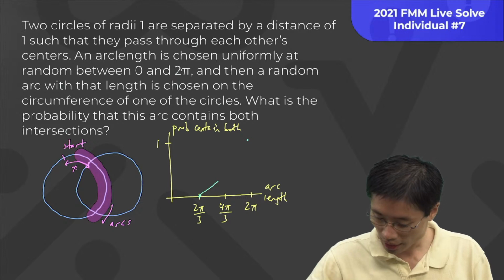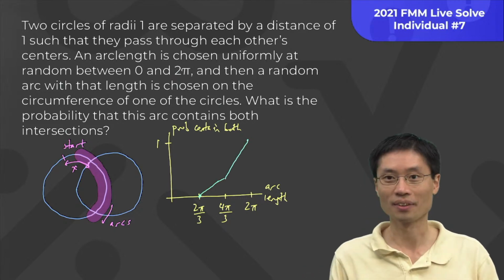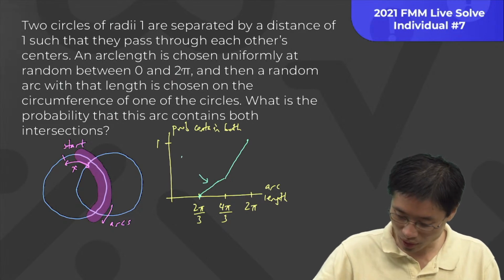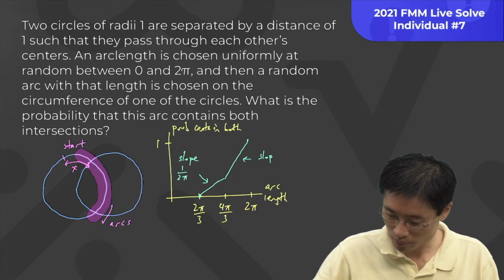And I go up with a slope of 1 over 2 pi until there, and then it takes a sharp increase. That's actually what's going on. So on this part, I have a slope of 1 over 2 pi. And this part, I have a slope of 2 over 2 pi.